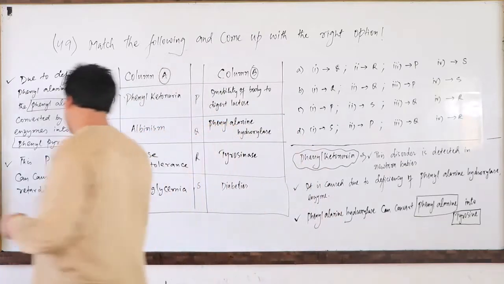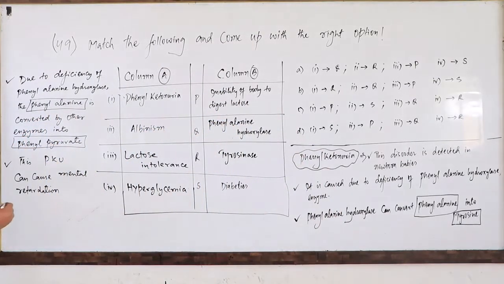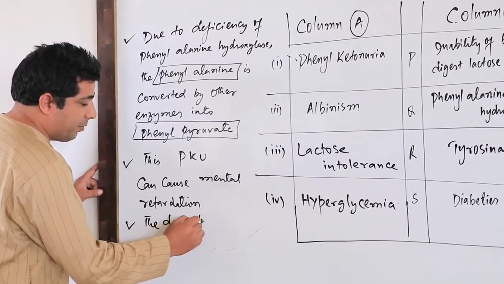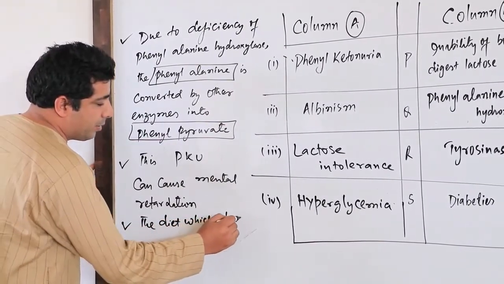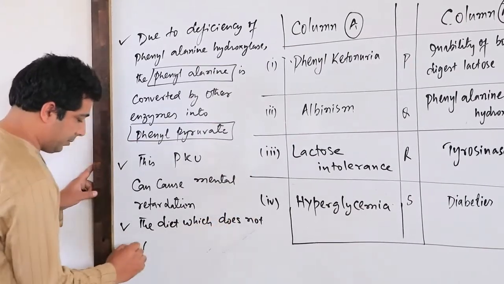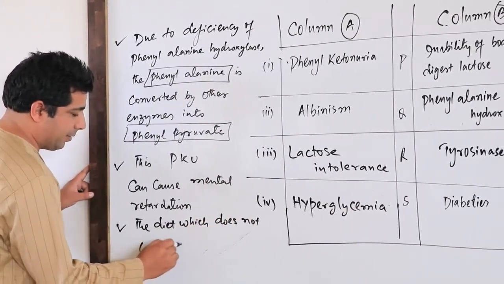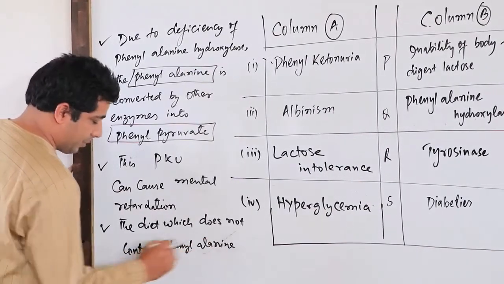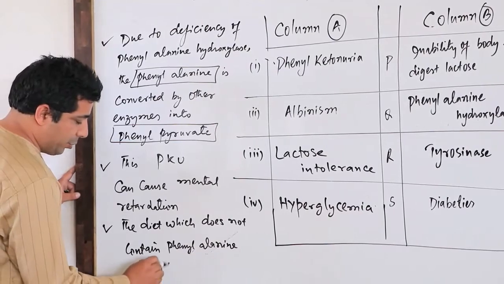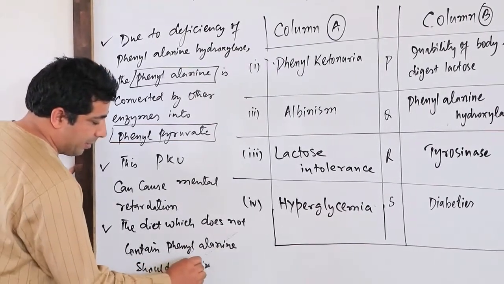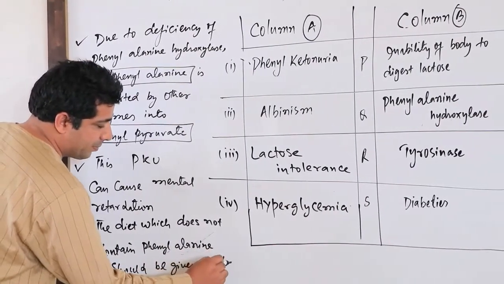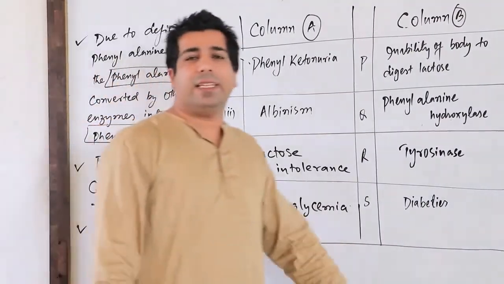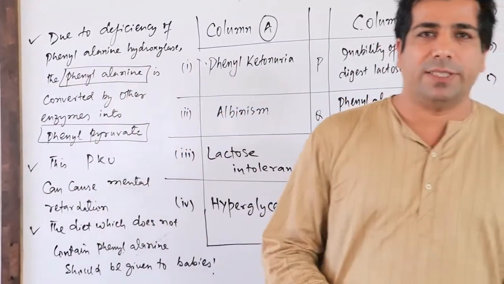Okay. So I will write down here. The diet which does not contain phenylalanine amino acid should be given to babies, because we know that phenylalanine hydroxylase enzyme is not present, okay.